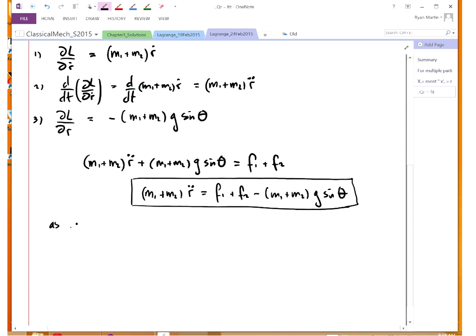And that's as expected from F equals ma. So this is Newton's second law, right?